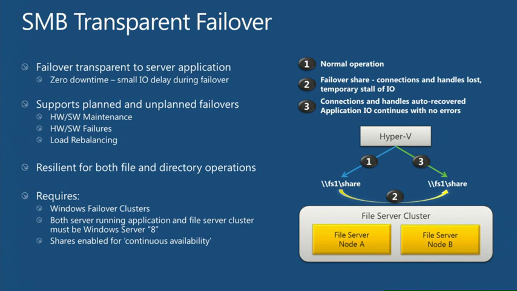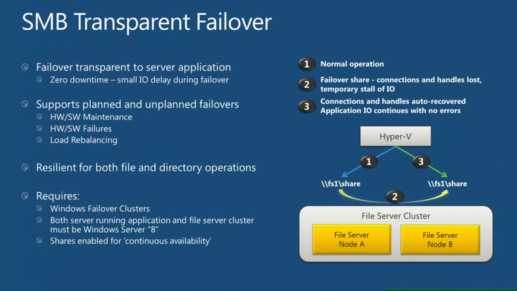That's okay if you're just saving a Word document, because you can always press save again and write to the new node, right? But that's absolutely not okay if you're doing Hyper-V, because Hyper-V never lets go of that file. And if you simply break that connection, you're going to start not having your VM working anymore. And that's definitely not acceptable.